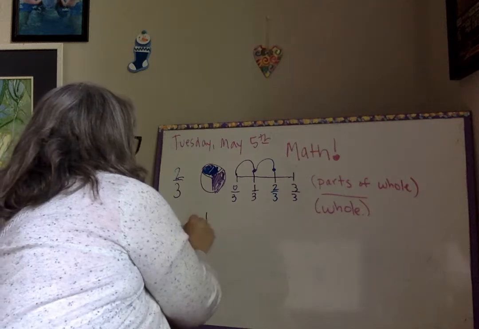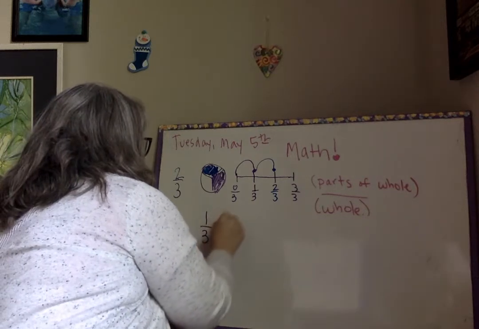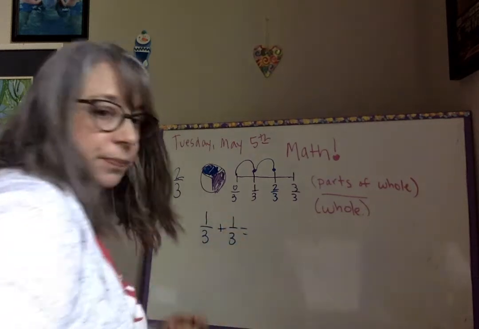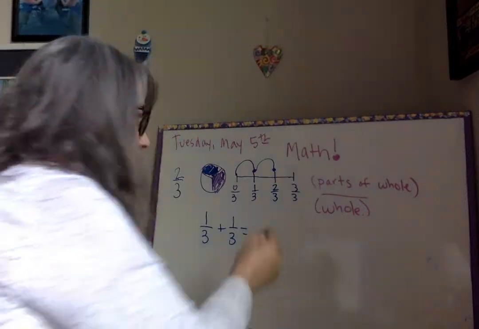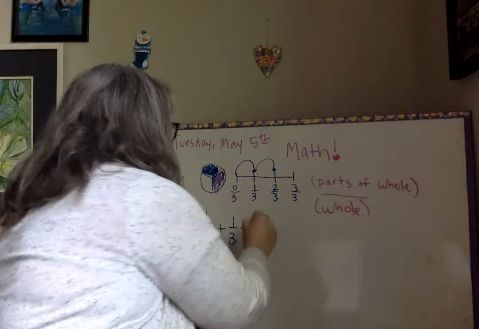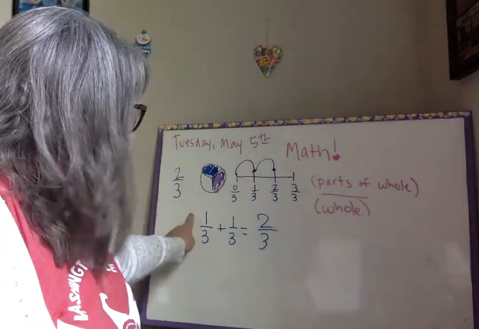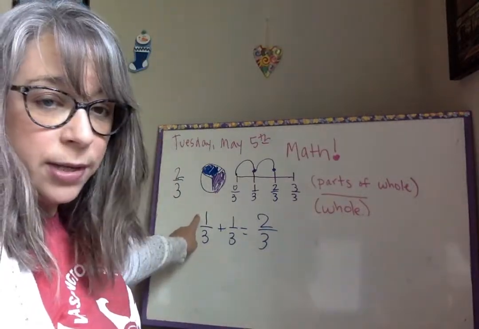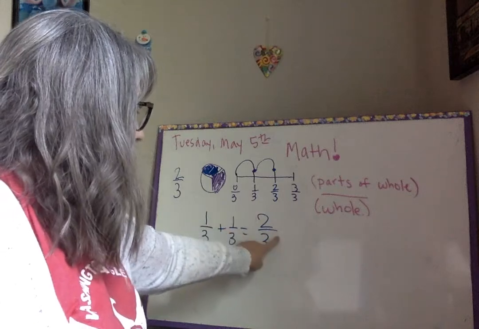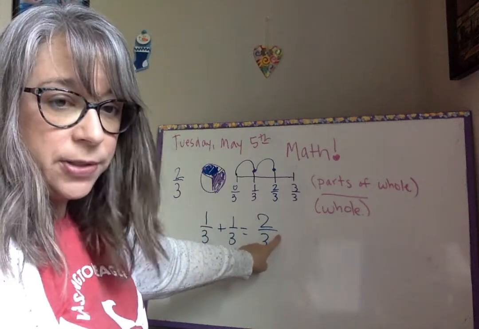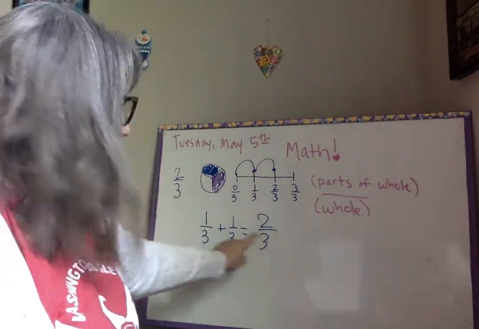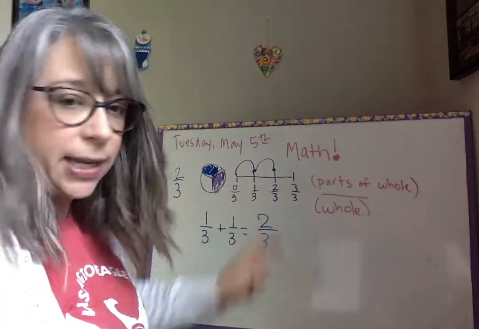We're going to say 1/3 plus 1/3 equals 2/3. Whenever our denominator is the same, it stays the same in our answer, but our numerator changes. 1 plus 1 is 2, so now we have 2/3. This is another way to represent 2/3, by adding.